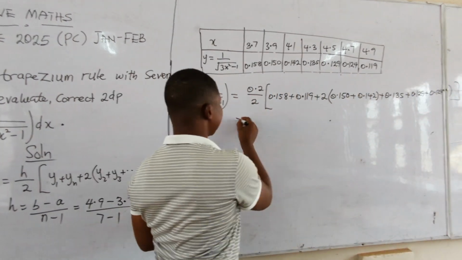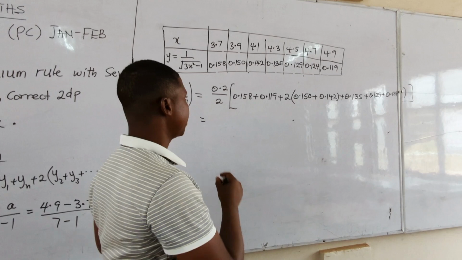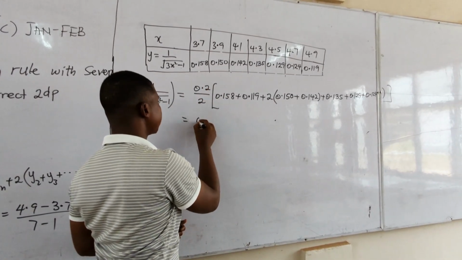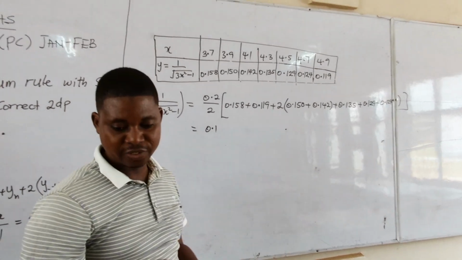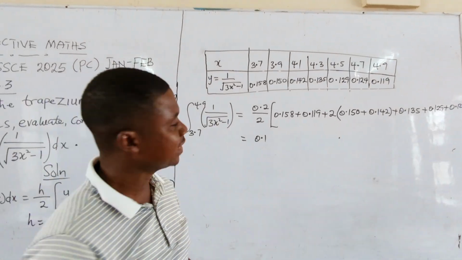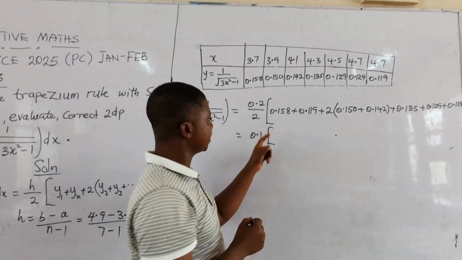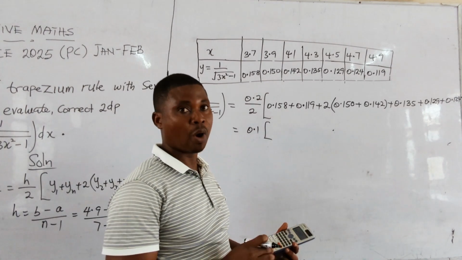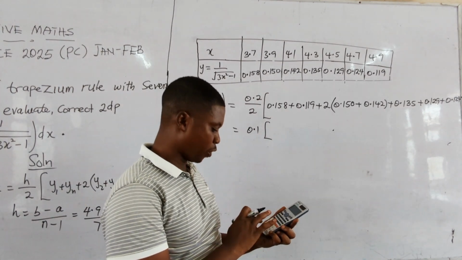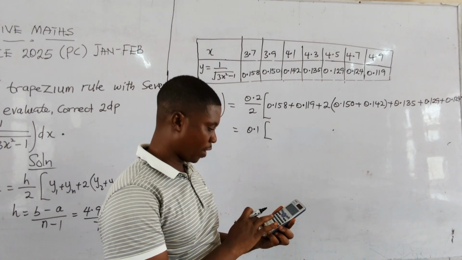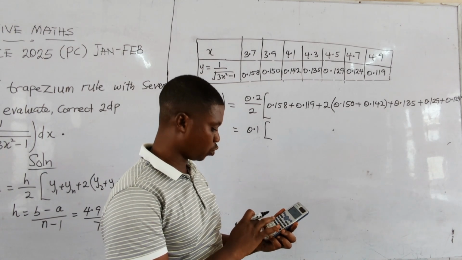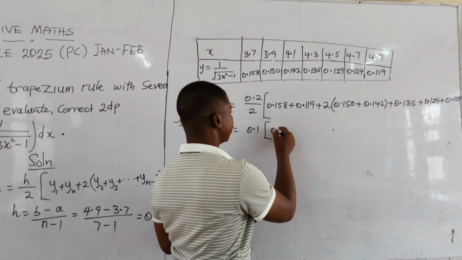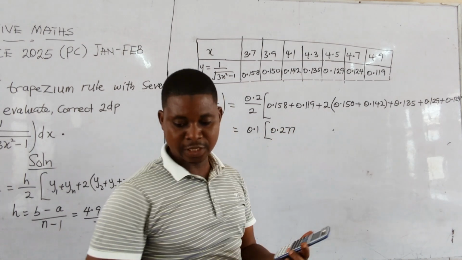Getting this, you begin to add them. So 0.2 over 2 will give you 0.1. You add 0.158 plus 0.119, which gets us 0.277.